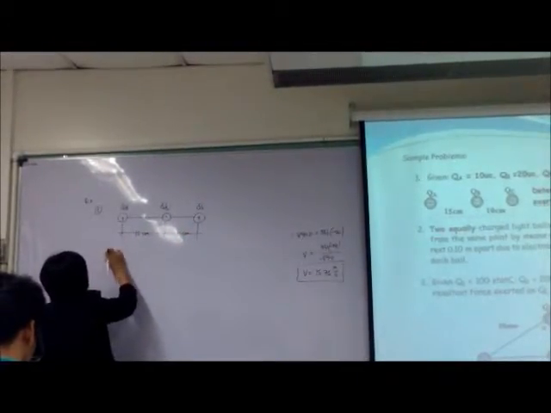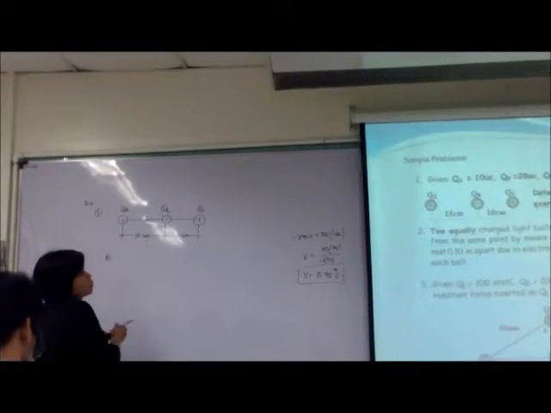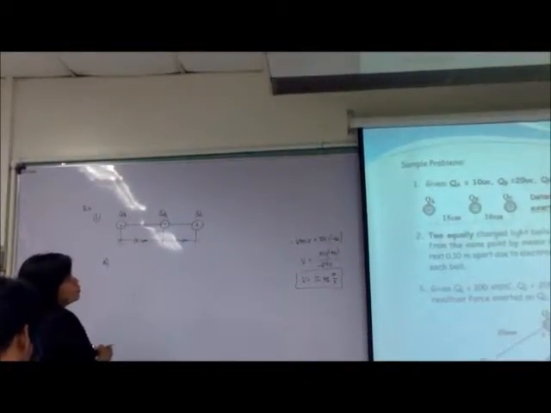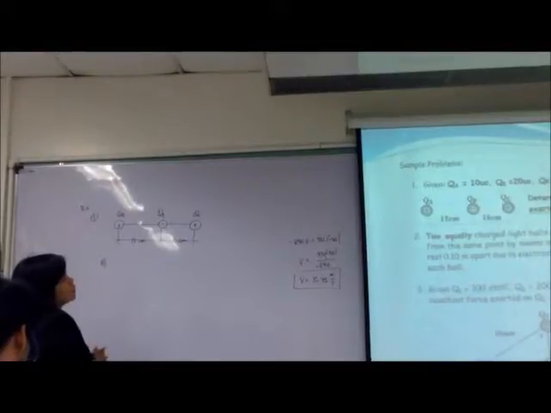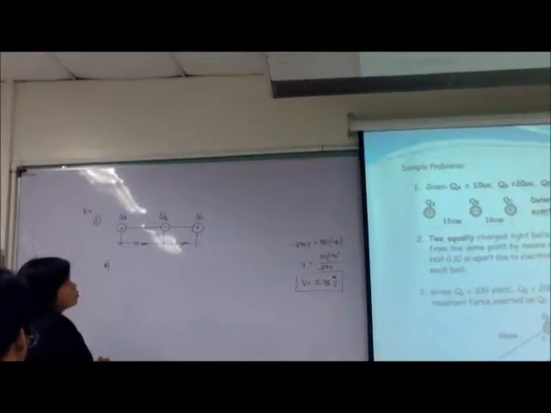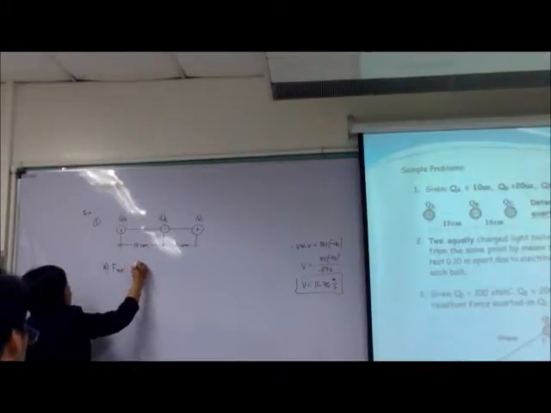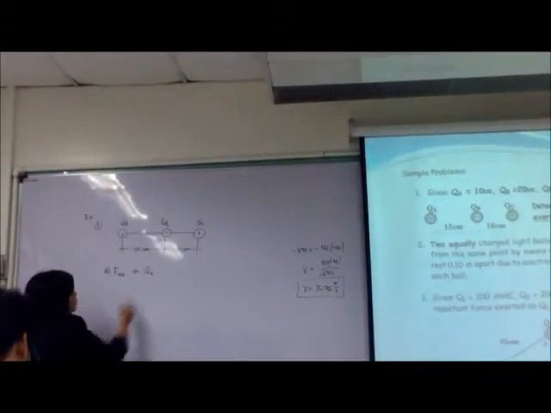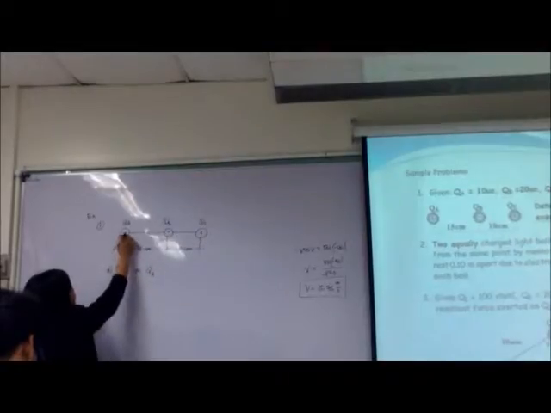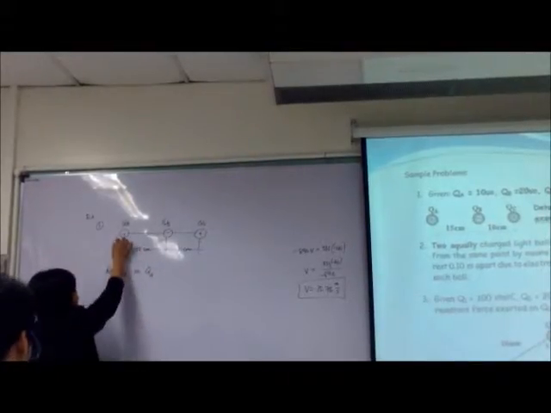First question, we need to solve for the net force or resultant force exerted by the two charges on charge A. So F net on QA. That means charge A is the one in question. So you have to resolve the forces here.